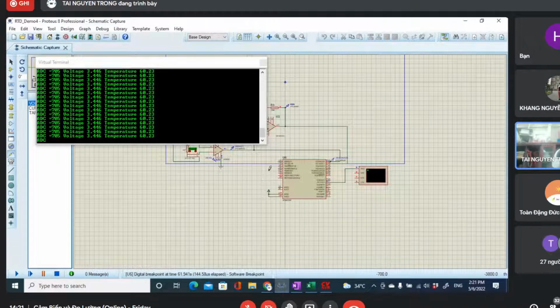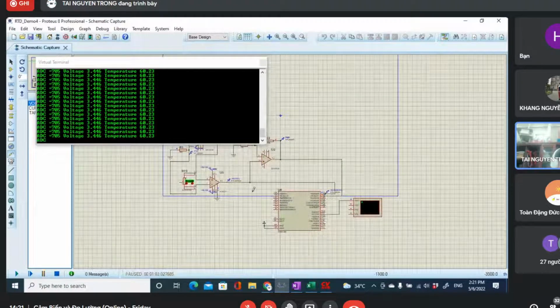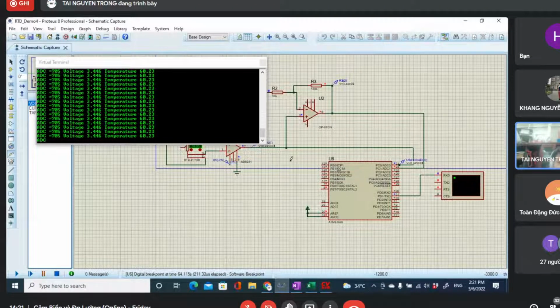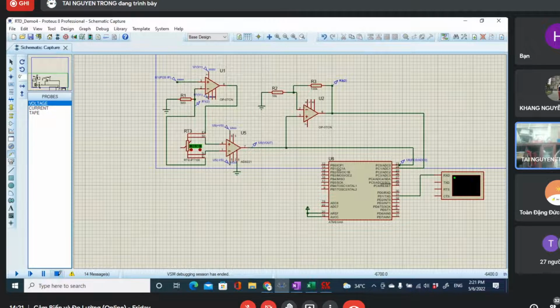Okay, and that's you can take a repeat for this exercise, this demonstration. For this demonstration, do you have any question or any trouble when reading the sensor signal? No. Okay.